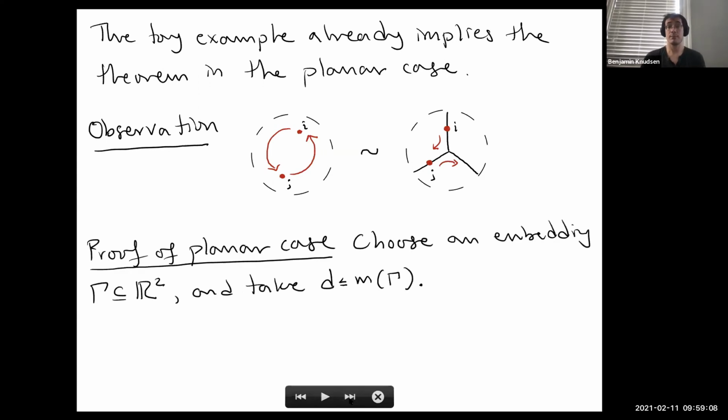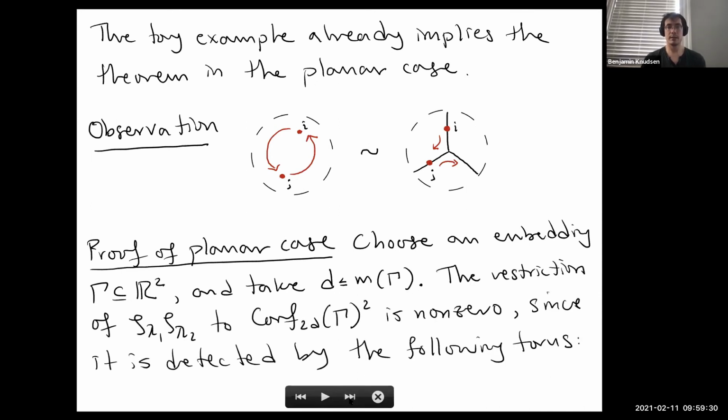Okay, so let's prove the planar case. We're going to choose an embedding of our graph in R2. So it's planar, we can do that. And we're going to take D in the previous example to be at most M of gamma. Now, the observation is that the restriction of this cohomology class, zeta lambda 1, zeta lambda 2, to the configuration space of the graph.